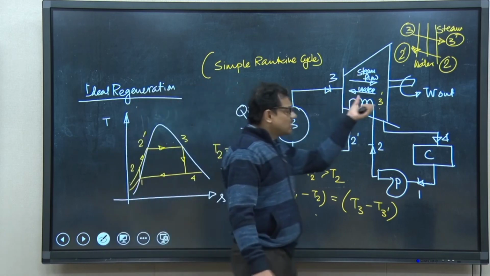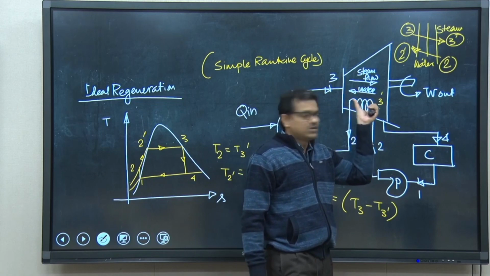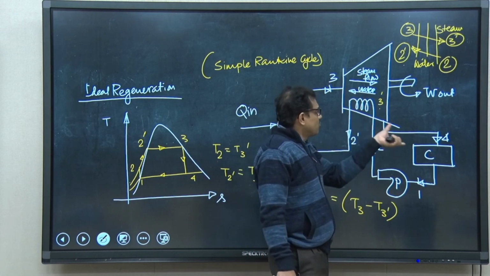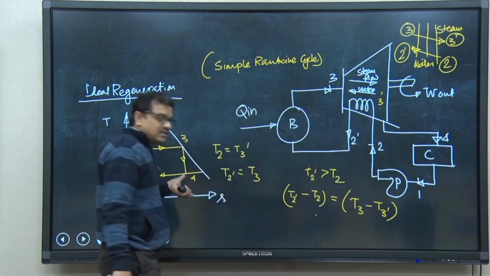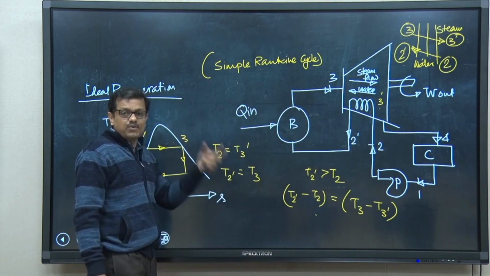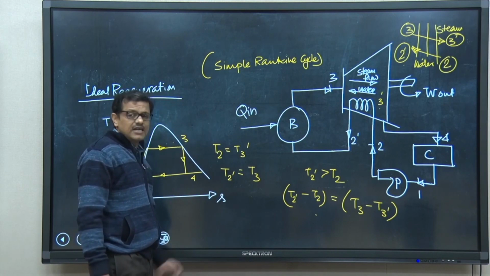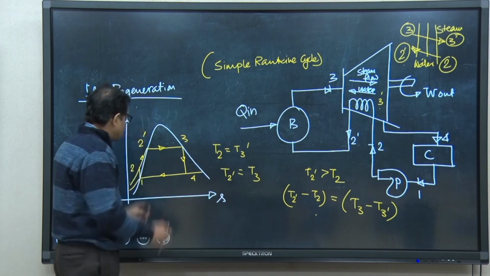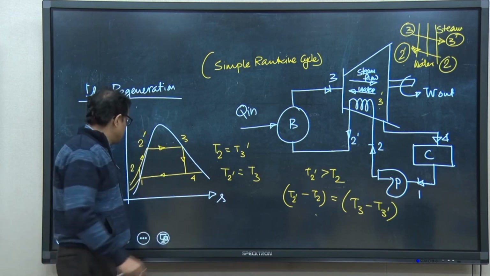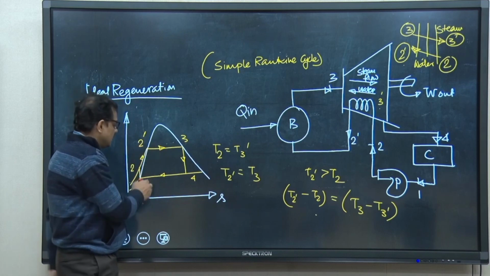So, 3 to 3 prime is a process which we could not show in the TS plane until now. Basically, 3 to 4, the isentropic expansion, we have shown over here, but 3 to 3 prime again that process will be there. You can understand that process we could not show here. So, 2 to 2 prime is the process which is shown over here.